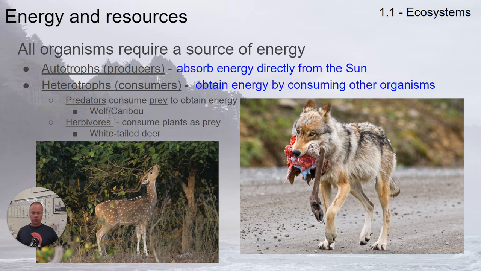We call them herbivores, things like this white-tailed deer. Others are considered predators. They consume other animals to obtain energy. This wolf, for example, that has eaten a caribou, is an example of a predator who has preyed on another organism. But all of these organisms require energy, and the ultimate source of that energy, we know, can be traced back to the sun.